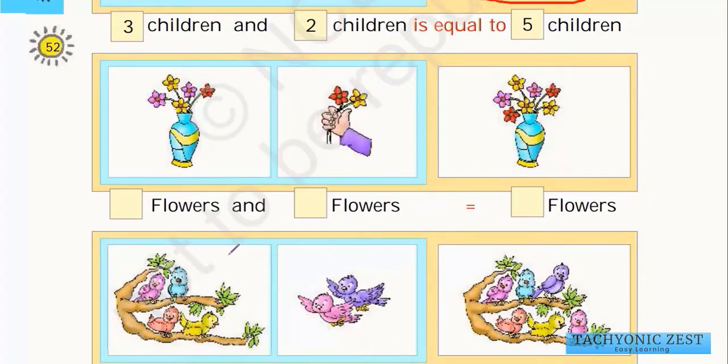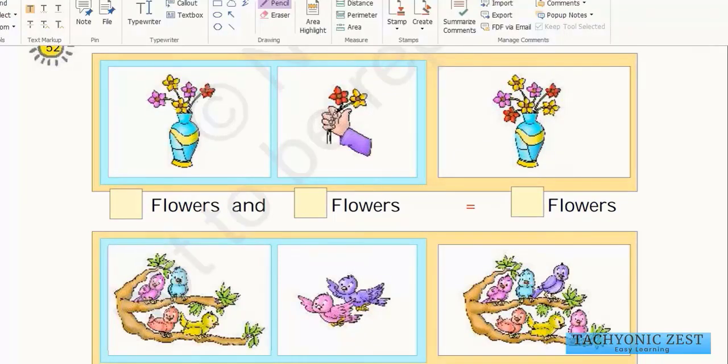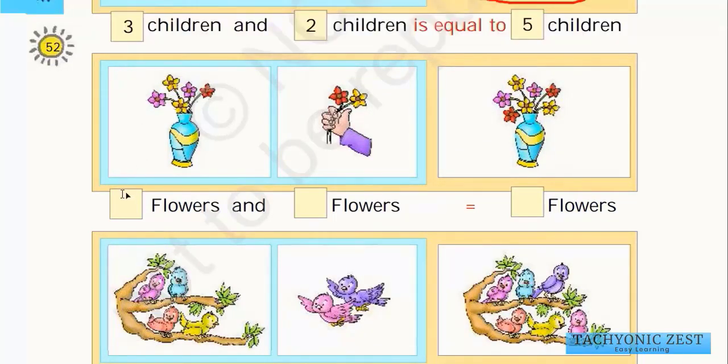Now we have to solve this question. It is asking how many flowers are here, and then we are adding some more flowers. What is the final total number of flowers that we get? If we count 1, 2, 3, 4, 5, at first there were 5 flowers.